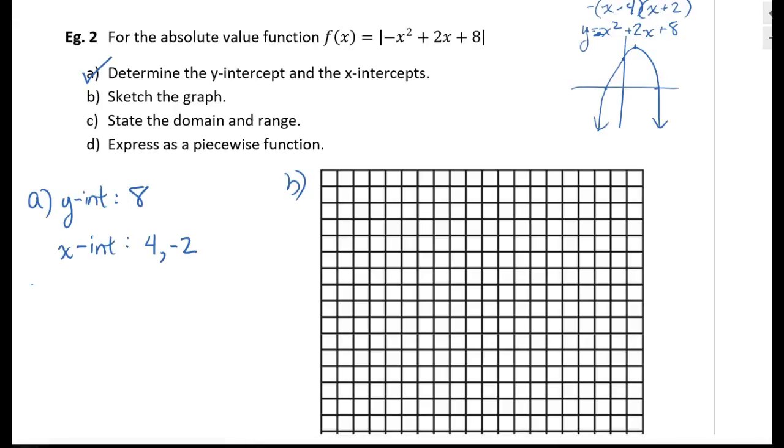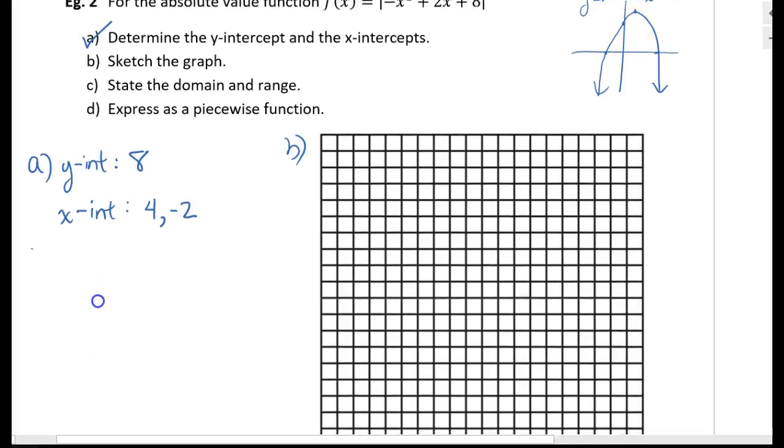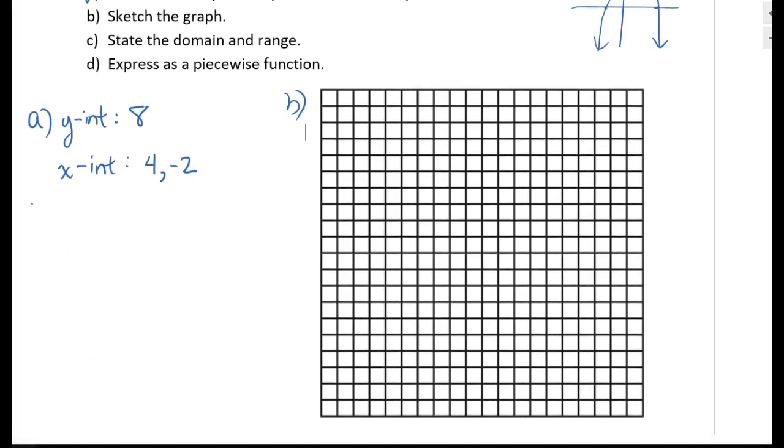So part B is sketch the graph. Well, now that I already have a sketch of my parent function, just very roughly over here, it's going to make my life a little bit easier. So I know because it's an absolute value graph that I'm going to be mostly in the positive. Actually, I'm going to be exclusively in the positive. So I'm going to put my x-axis a little bit lower down.